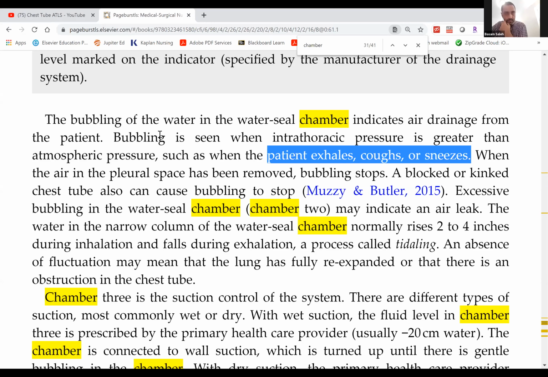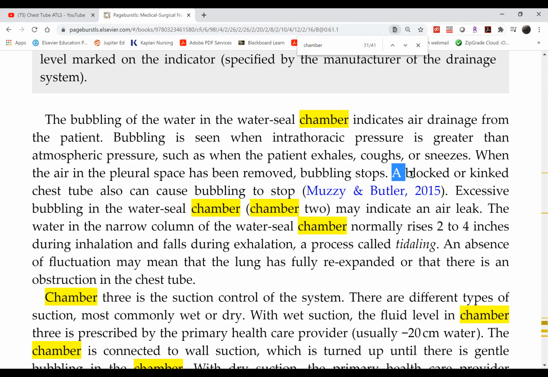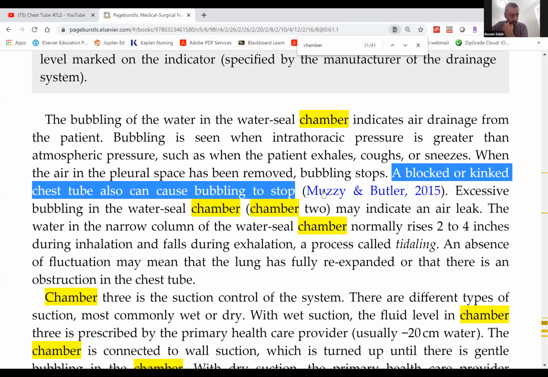Bubbling is seen when intrathoracic pressure is greater than atmospheric pressure, which occurs only when you exhale, cough, sneeze, or at the end of a yawn. And then bubbling should stop after that. So this is only intermittent, just a fraction of a second when it bubbles. So that is good.